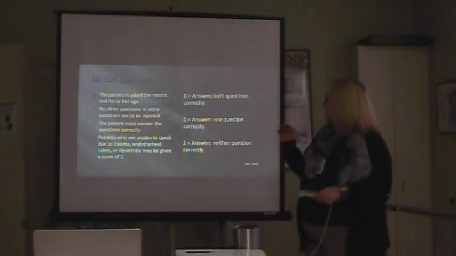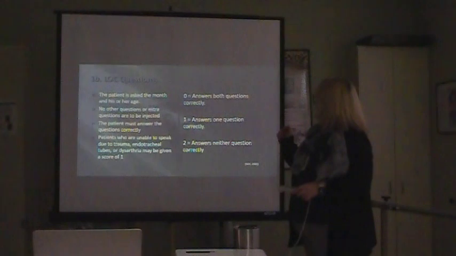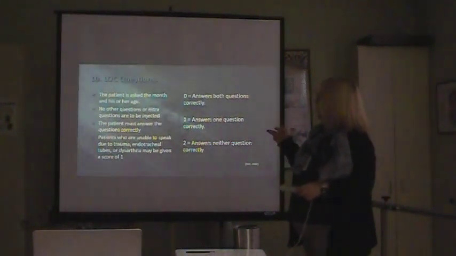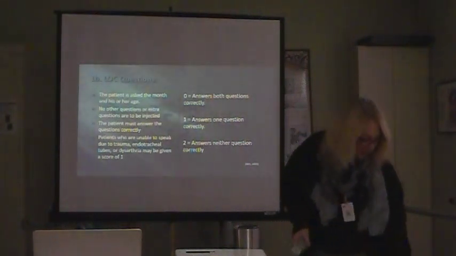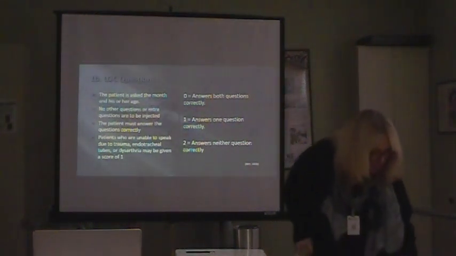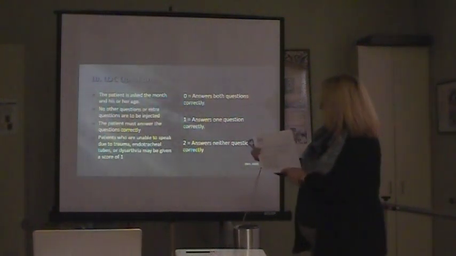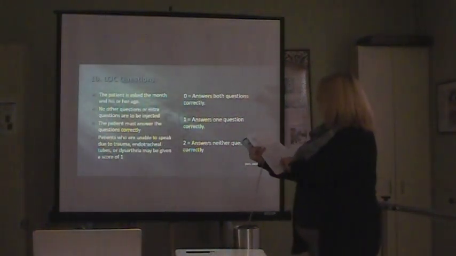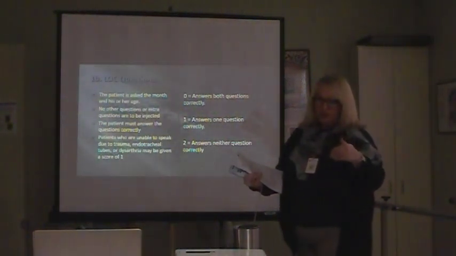So the level of consciousness 1B is you're going to ask your patient 2 questions. Now this needs to be the same 2 questions, and if you actually look at the NIH scale that I've given you in your packet, it will state that you want to ask them only what month it is currently and then what is their age.